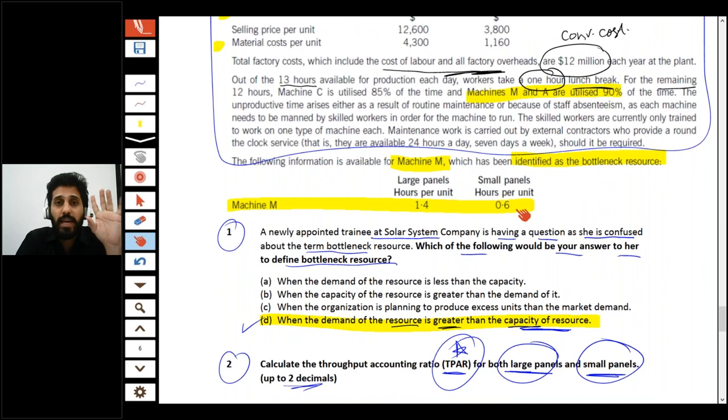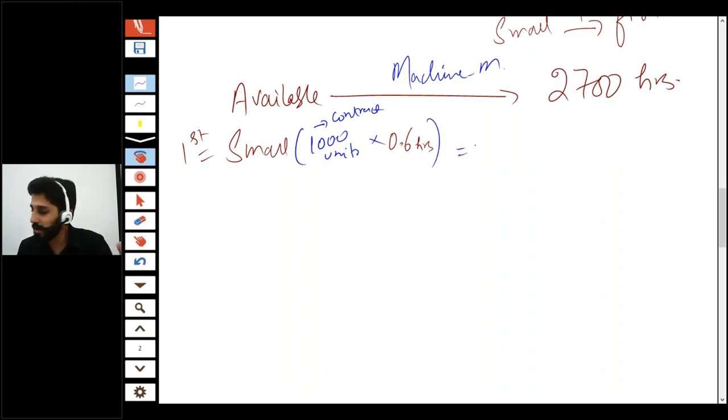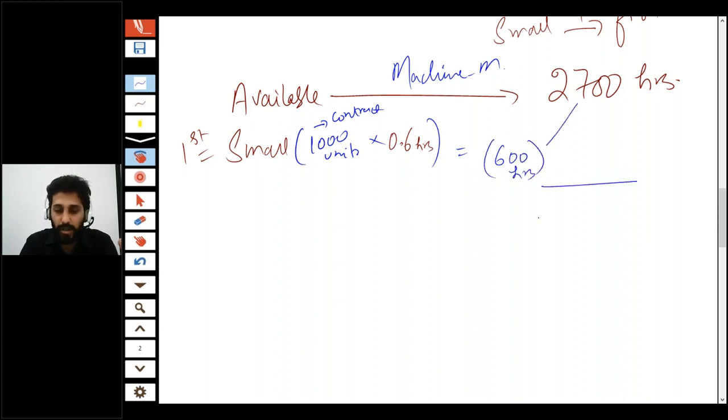Remember that we need to focus on the bottleneck, that is 0.6. So here you should multiply with 0.6 hours. Out of 2700, 1,000 into 0.6 is 600 hours that will be used by product small.